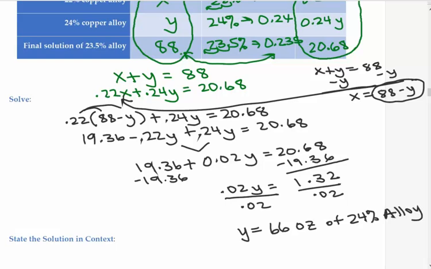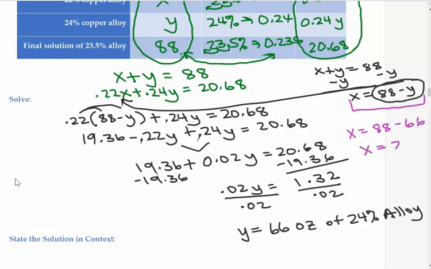All right, and then to find what our X is, we can actually go back to this equation over here where X is already by itself. That might make it a little bit easier to do. All right, so I have X equals 88, and then in place of that Y, I'm going to put 66, so minus 66.